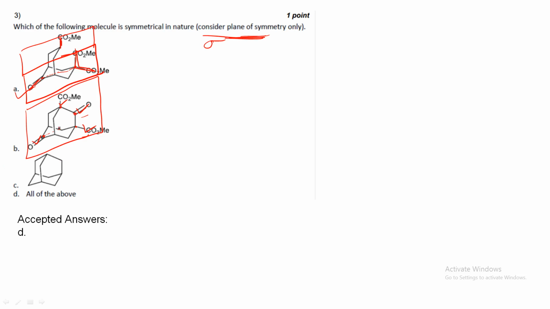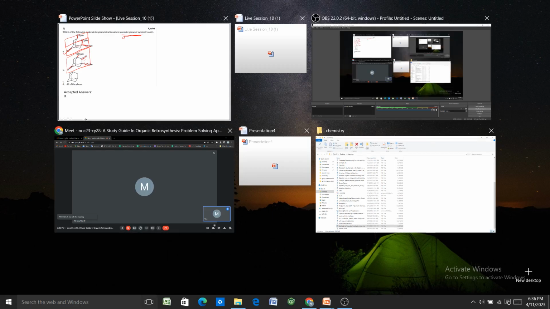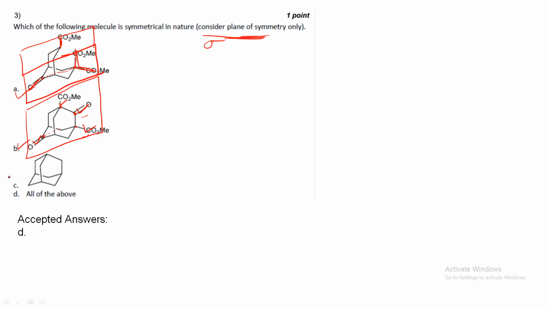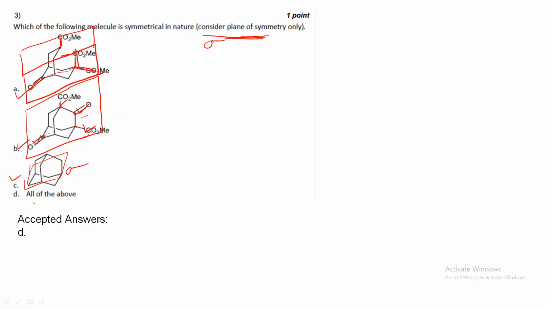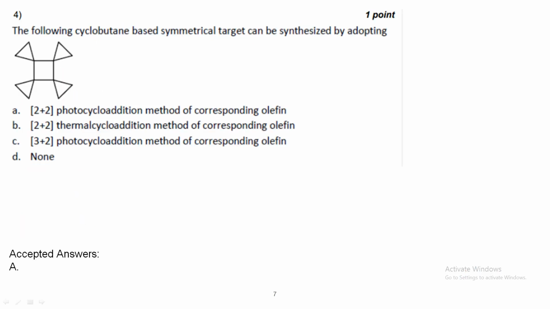This is quite related to this one. If we remove the other functionalities, it would generate this. So if this has a sigma plane, this of course will also have a sigma plane, because it is more symmetric than this. So that's why the right answer would be D. All of them have sigma planes.